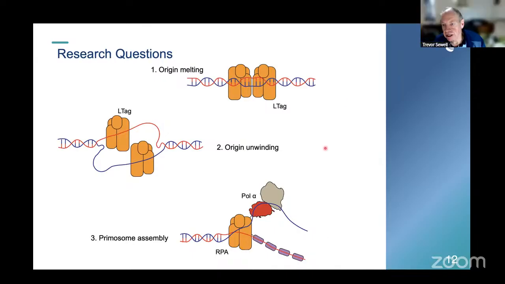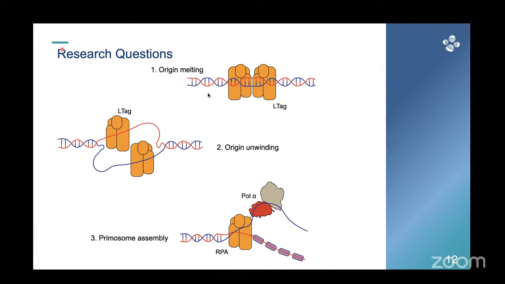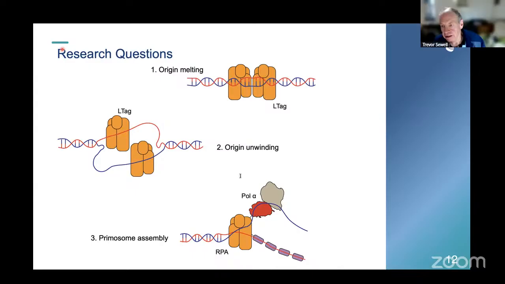There was another question in the chat: does the LTAg helicase recruit other replication factors in the same manner as the CMG helicase? No, we did not show this. CMG is a bit different. First, the recognition of the origin for CMG is not sequence specific as it is for LTAg.